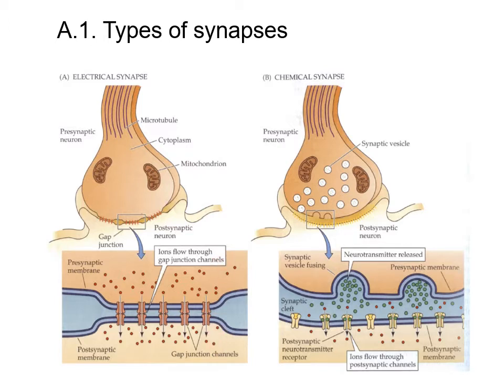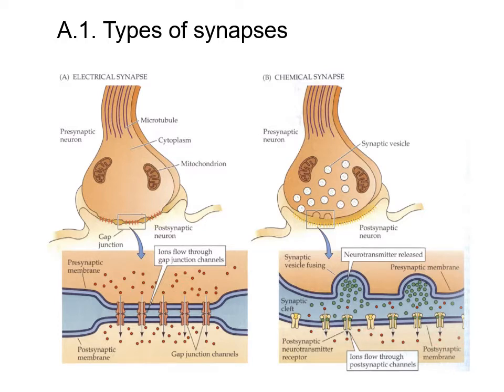In contrast, in the chemical synapses, when an action potential arrives to the presynaptic terminal, it triggers the fusion of vesicles containing neurotransmitters with the membrane of the presynaptic terminal, releasing neurotransmitters to the extracellular space. And then neurotransmitters bind to specific ionotropic receptors present in the postsynaptic terminal.